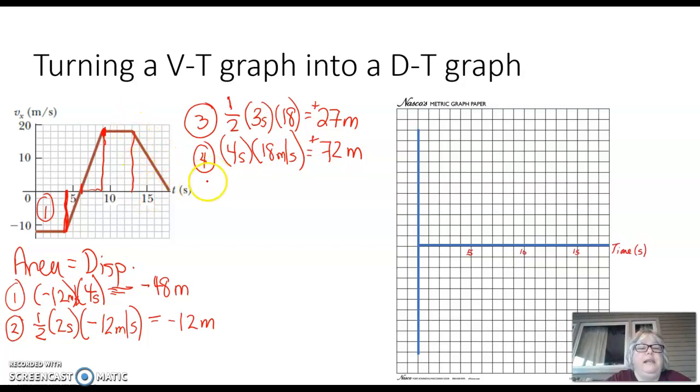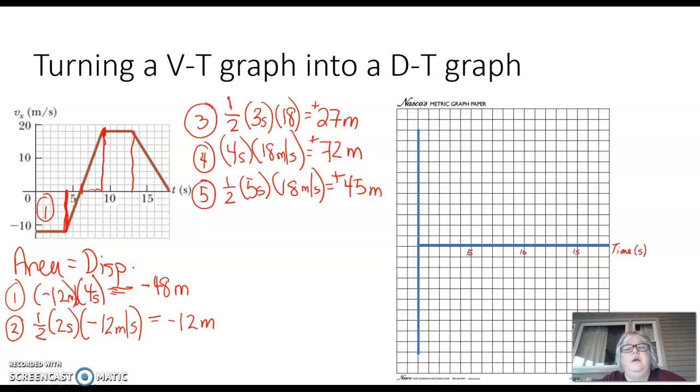And now I'm going to do my last section, which is again a triangle. 1/2, that's 5 seconds, 14, 15, 16, 17, 18, 5 seconds. And again, we started at 18. So that gives us positive 45 meters.